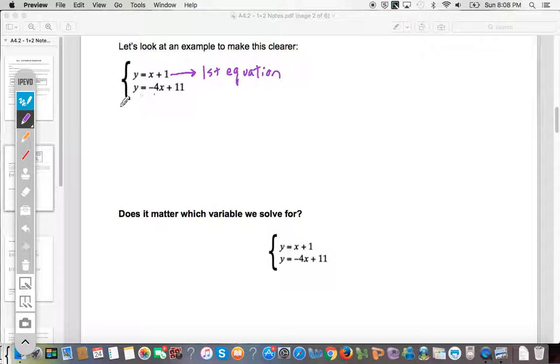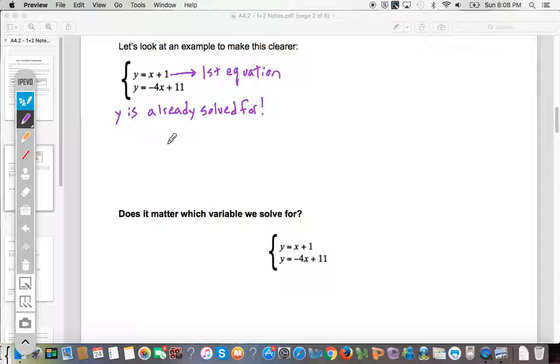The beauty about this system right here is that y is already solved for. So that makes our life a lot easier. Something to note: let's say we have a system where one of our variables is not solved for already.